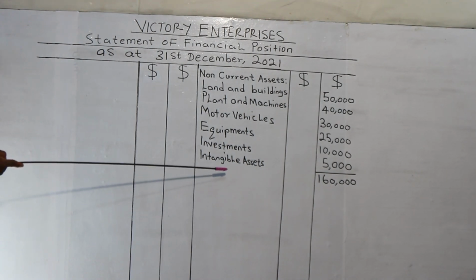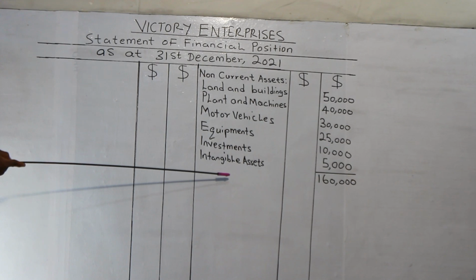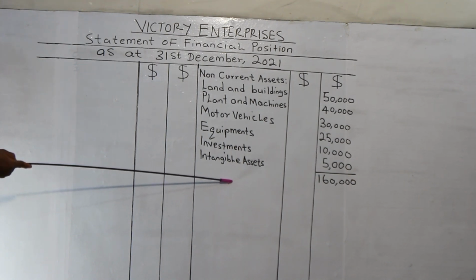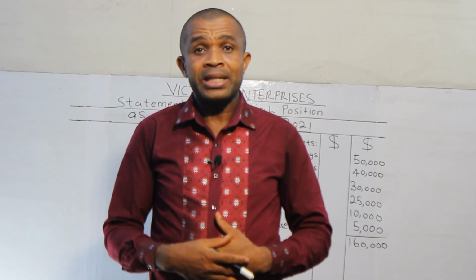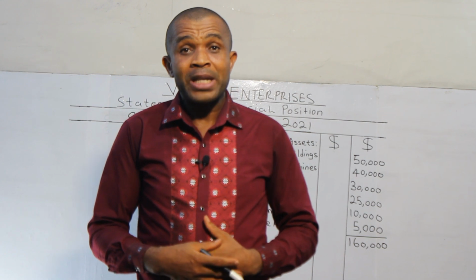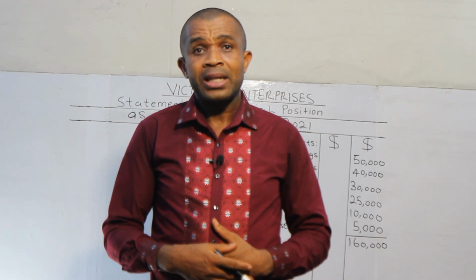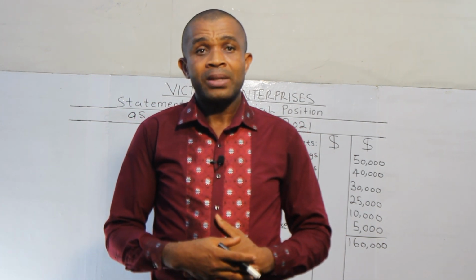The non-current assets are not the only assets of the organization. There are also some other assets known as the current what? Assets. All other assets that are not non-current assets, investment, or intangible assets are current assets.